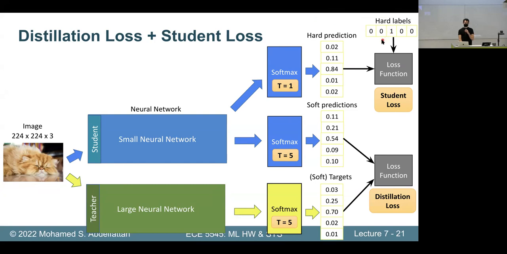We don't have soft targets anymore. This is standard training. We have a loss function. Usually it's cross entropy loss, which is a specific case of KL divergence for discrete labels. And then we call this the student loss. So we do normal training with the student loss, and then we also add this distillation loss.